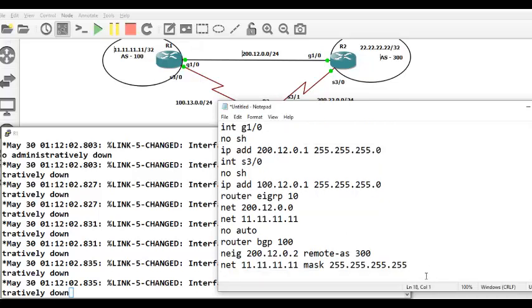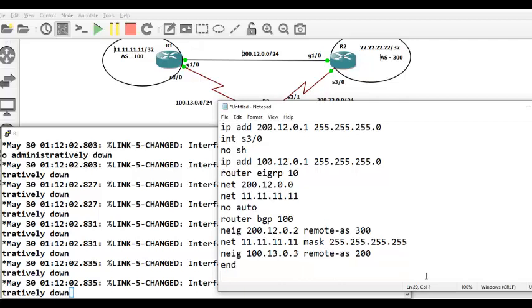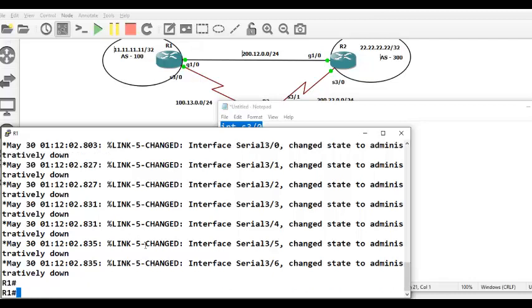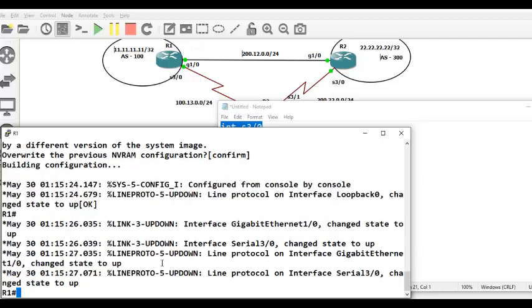There is also another neighbor to form. Yeah, so that's it. Copy, paste this under R1. There's nothing more here. We finished. Next.